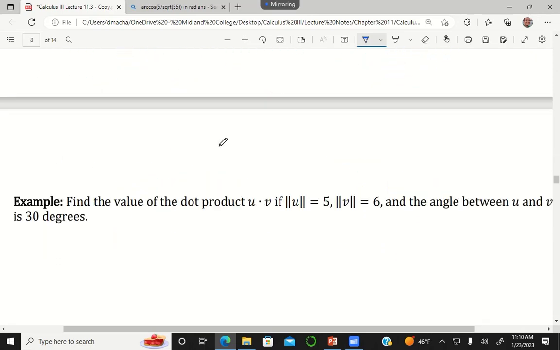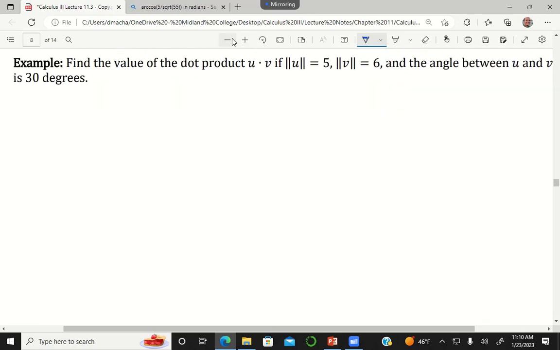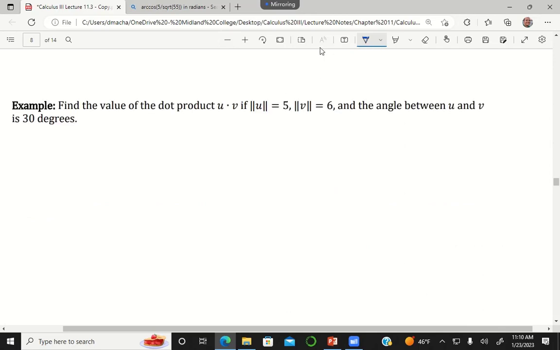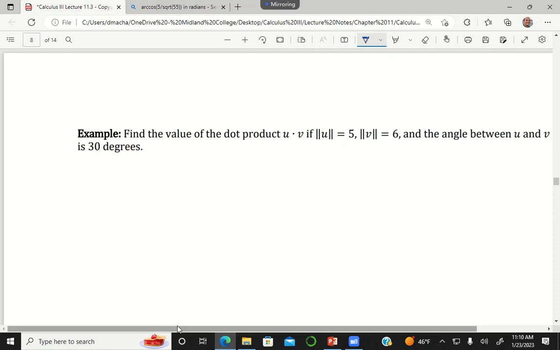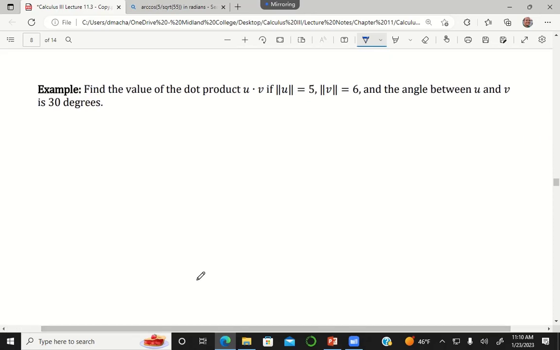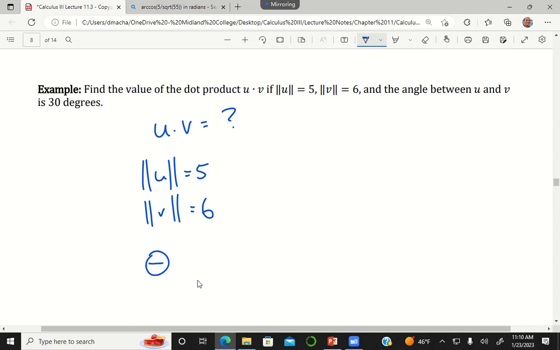Okay, so new example is find the value of the dot product u dot v if we know that norm u is 5, norm v is 6, and then the angle between these vectors is 30 degrees.